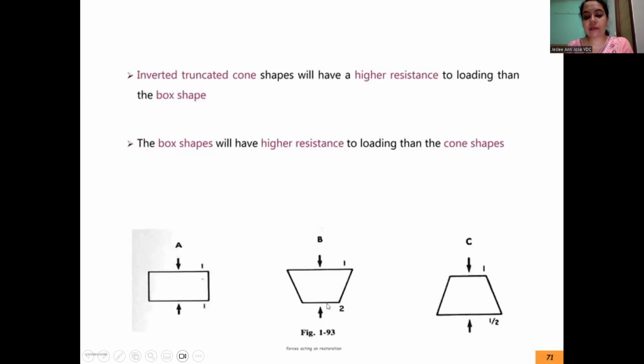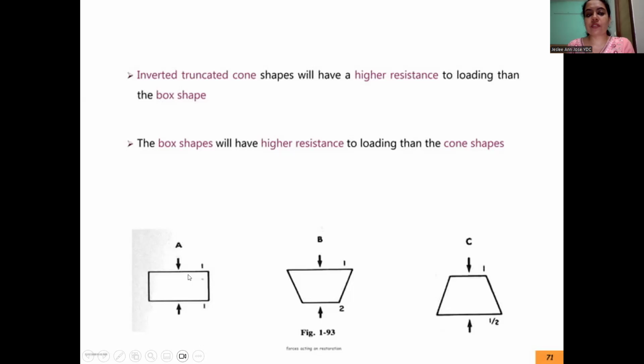So when you compare this to this, yes, inverted truncated is good. Why? Because the surface area is less here, so the final stress is going to be less.